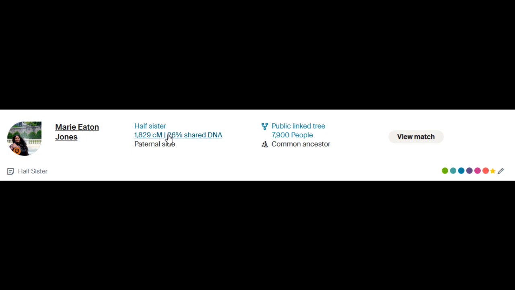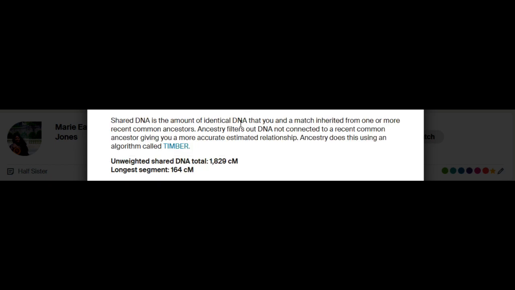Shared DNA is the amount of identical DNA that you and a match inherited from one or more recent common ancestors.